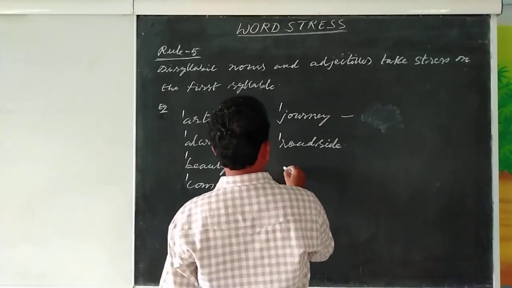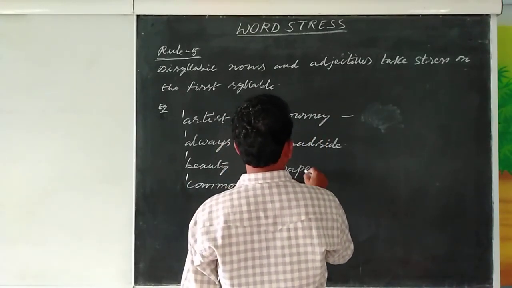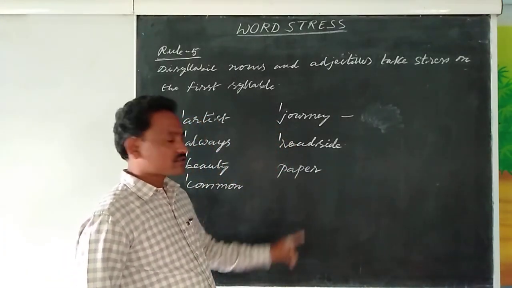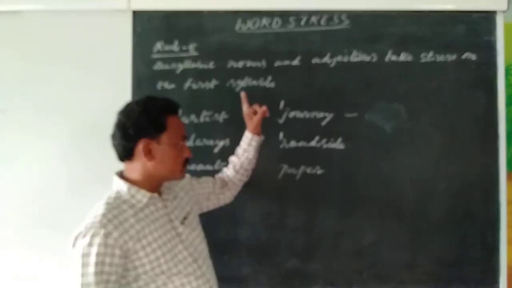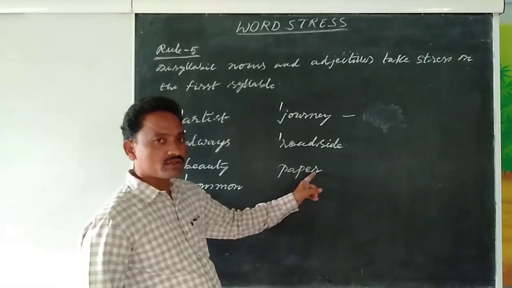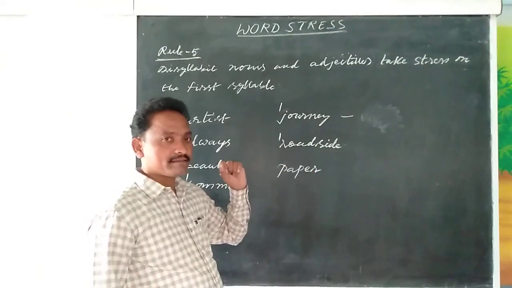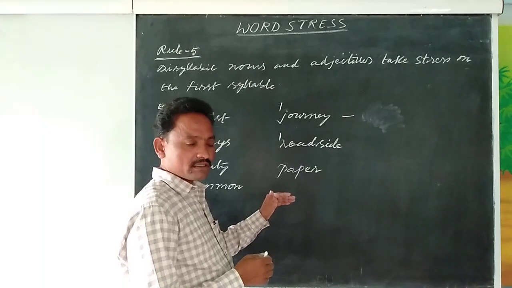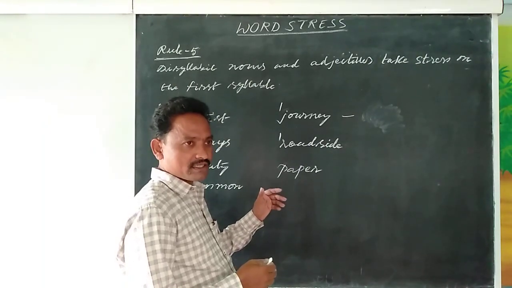Word stress. Next, P-E-R. You know this word? Actually, this word belongs to the first rule. R silent. Disyllabic or some disyllabic words, R as silent letter. But why do I repeat this word? It is a very different pronunciation.